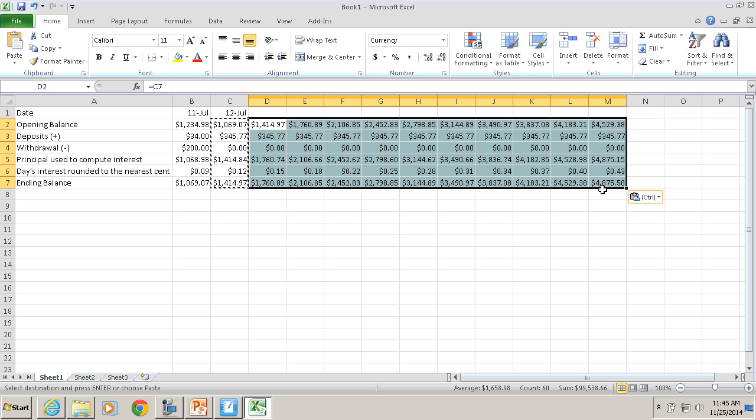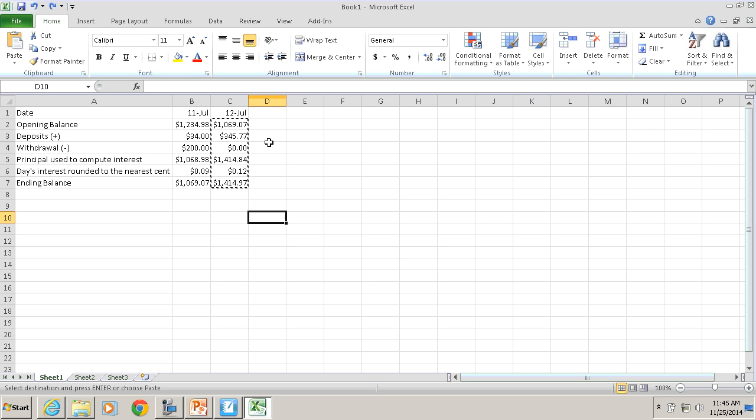Okay. The only thing is this is if you deposited 345.77 every time. If you wanted to not do that, you could copy this here. We're going to pretend like we don't have any. This is if we don't have any withdrawals or deposits.